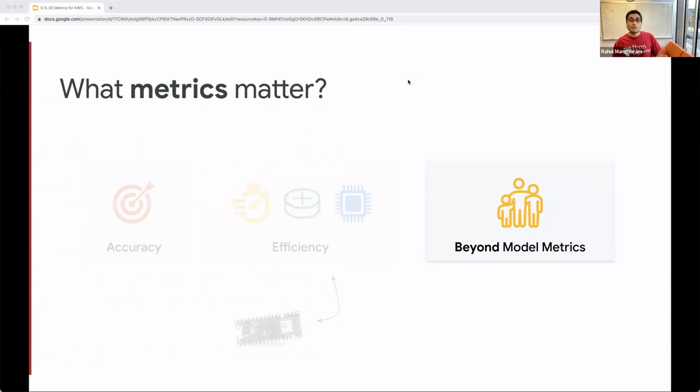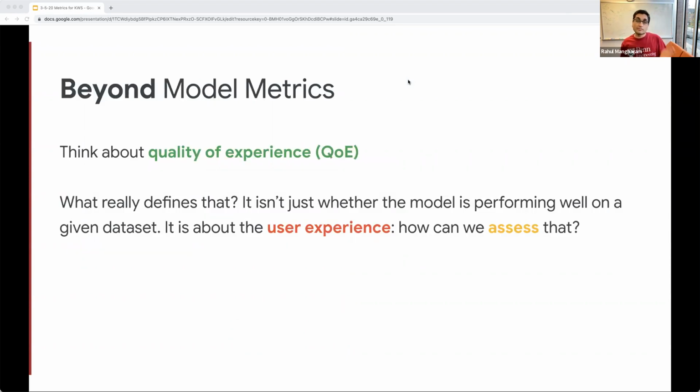Think about the overall quality of experience that you have when you have a TinyML keyword spotting application. What affects that? We touched on this right at the beginning when we talked about the speech command data set. The data set that you train on can't have biases, right? They always will have some kind of biases, so you have to address that. It might only work for certain types of accents if the people who contributed to that particular data set were from a particular region.